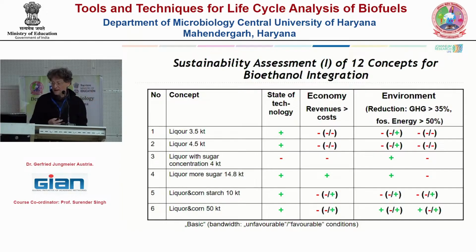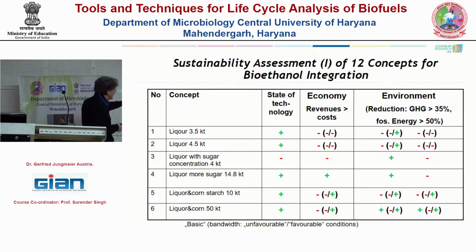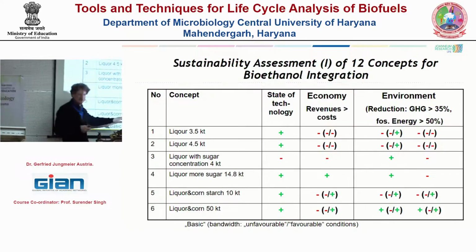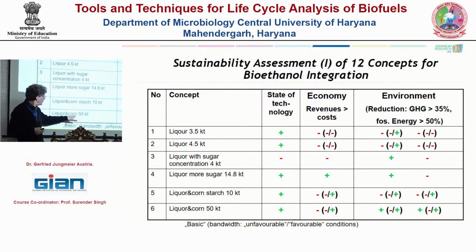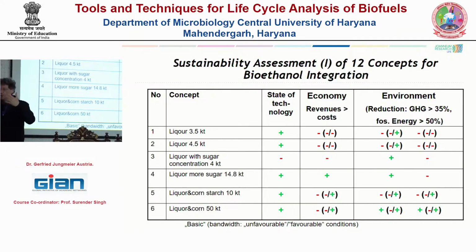So for these smaller plants it's quite tricky to be that small, and therefore we also added here additional feedstock beside the black liquor, also cornstarch, and corn, to have additional feedstock to see if it then performs better.